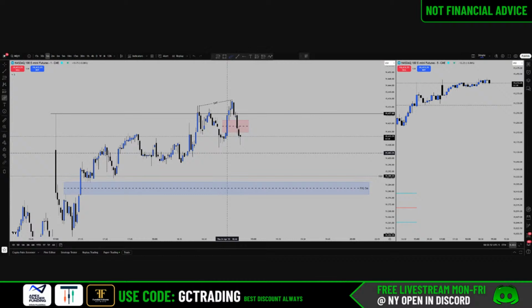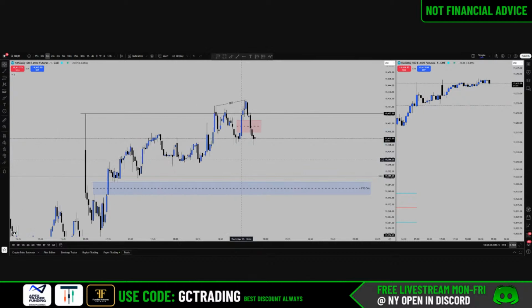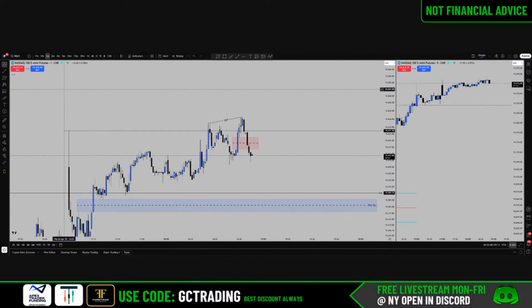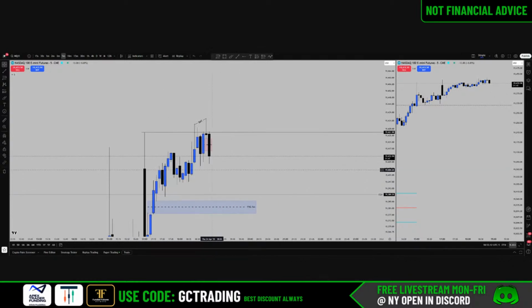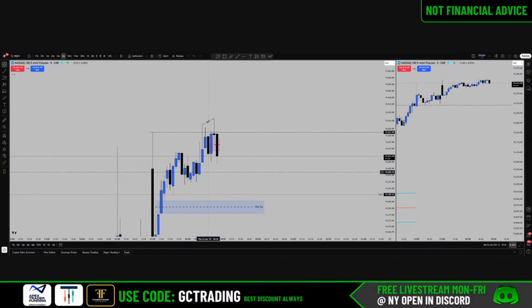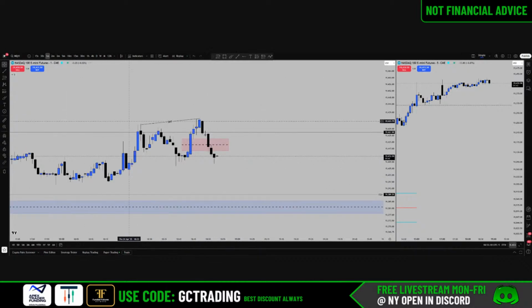I would like to see price break this area, create a fair value gap, pull back into that, and then look for that model there. If price just holds here and then flips, there's no real confirmation there.